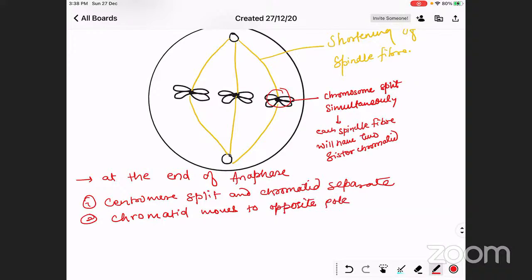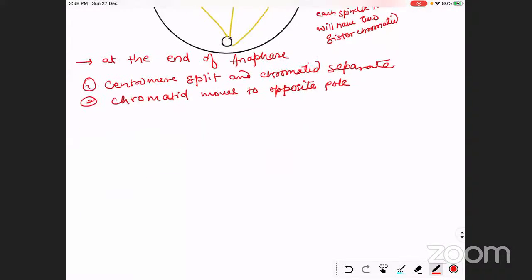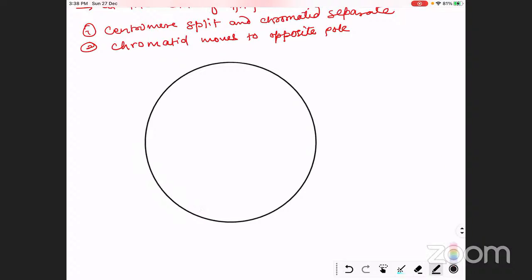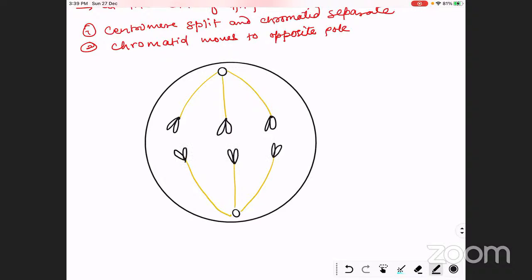Let's see in the diagram. They will contain the sister chromatids like this, and again there will be shortening of the spindle fiber.